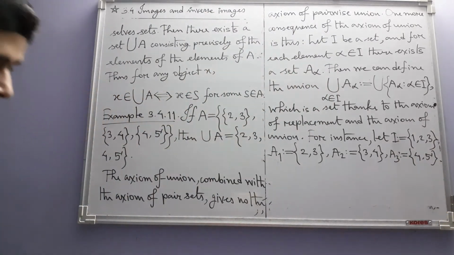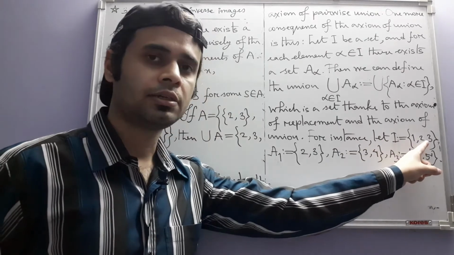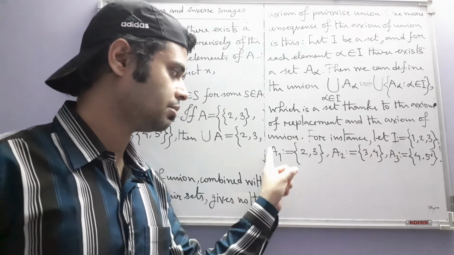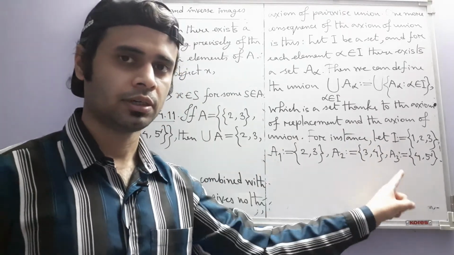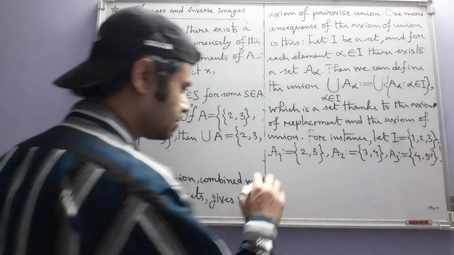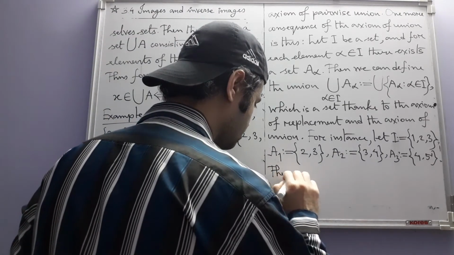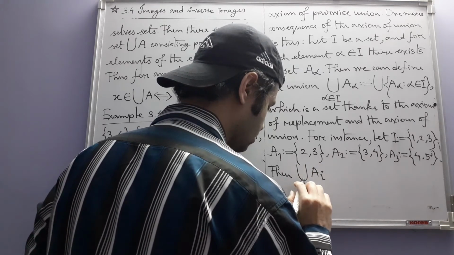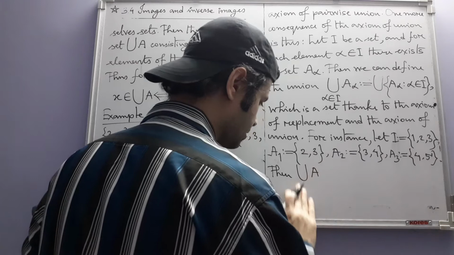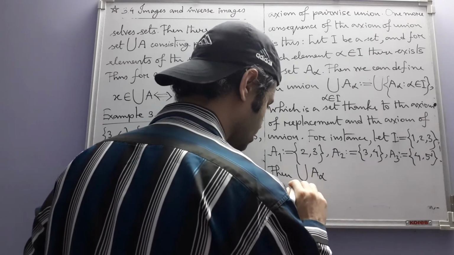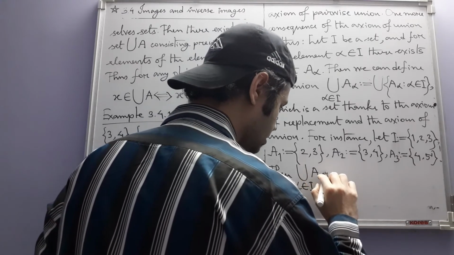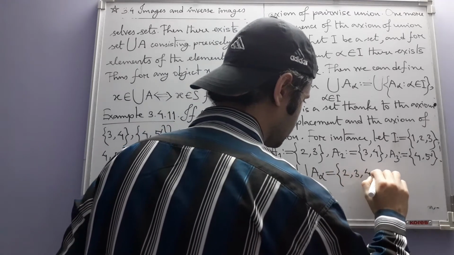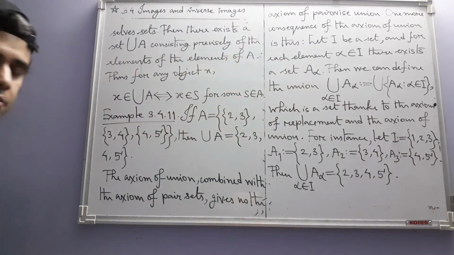So you see that for each element in capital I, there exists a set. For 1 we have A1, for 2 we have A2, for 3 we have A3. Then the union of A alpha, although they are the same thing, in this case is nothing but this set.